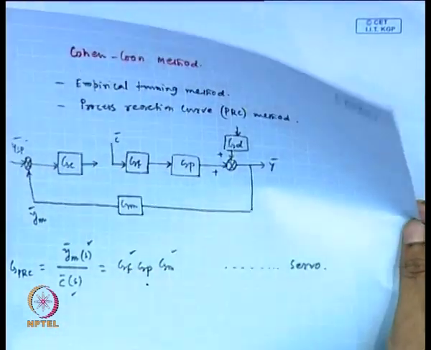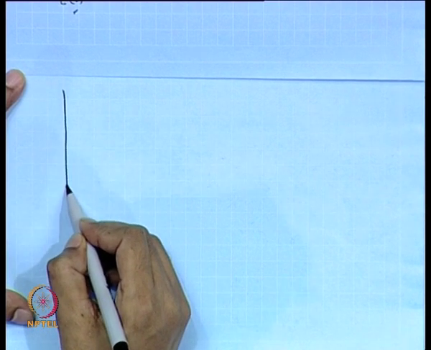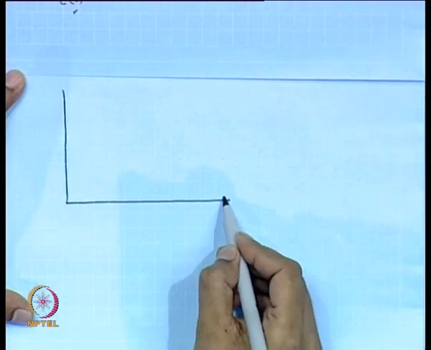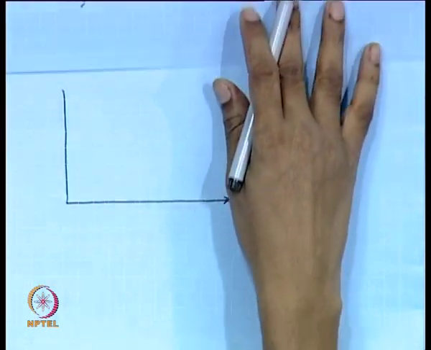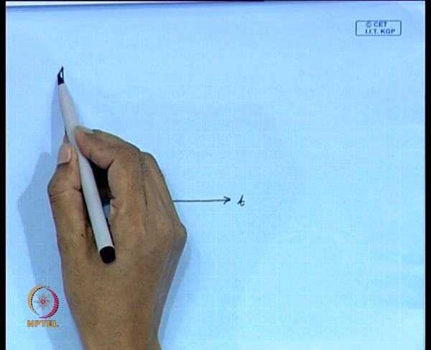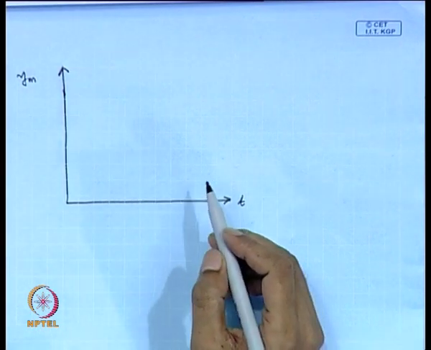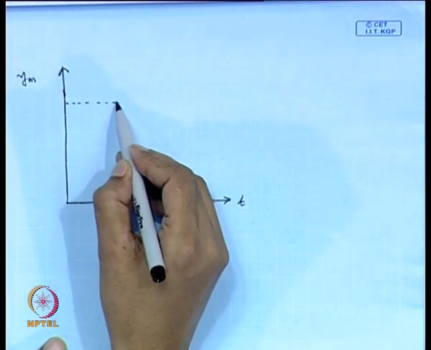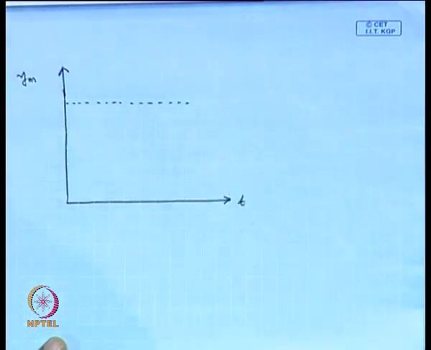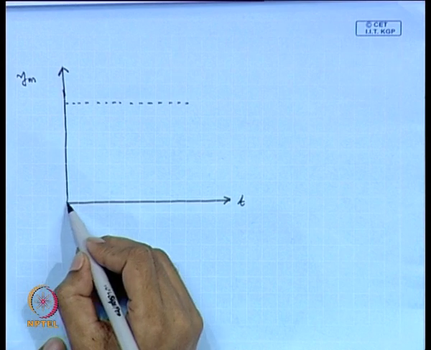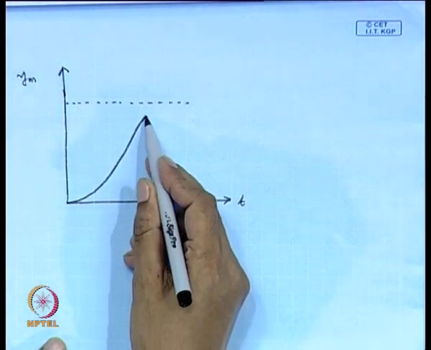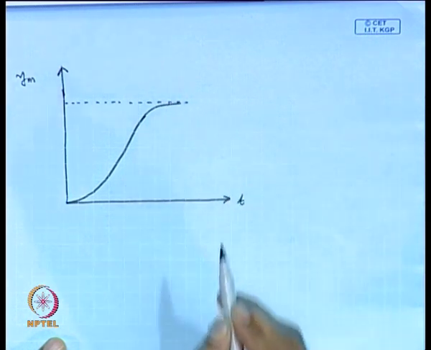Now, Cohen and Coon observed that for most of the chemical processes, they obtained a sigmoidal shape response, like this.